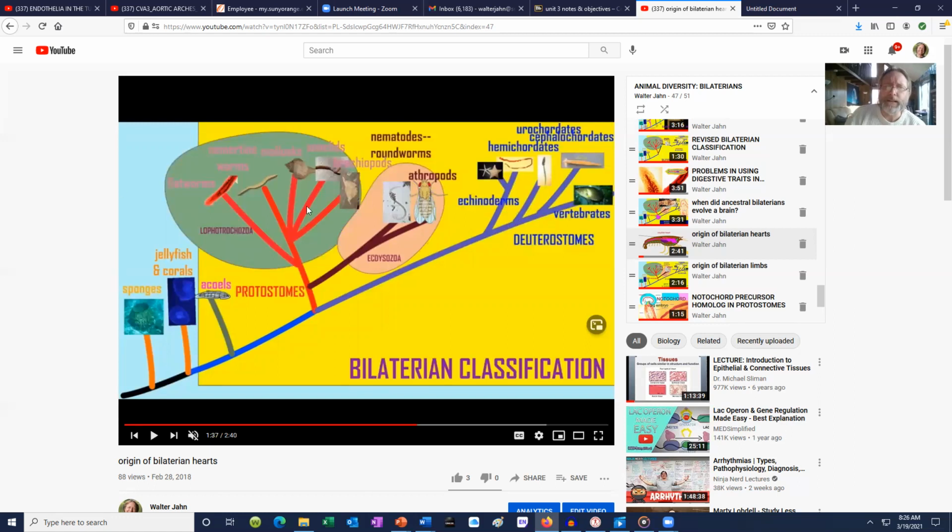So now if you look at these branches, you'll see groups that have circulatory systems, like annelids and mollusks, along with groups that don't. You'll see a group that has a circulatory system, like arthropods, along with nematodes that don't, raising the question: the ancestors of these higher animals, did they have blood vessels?